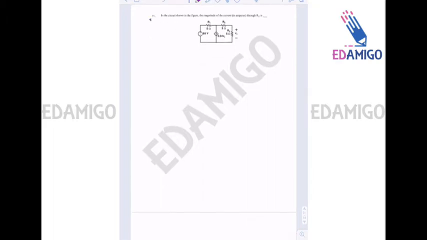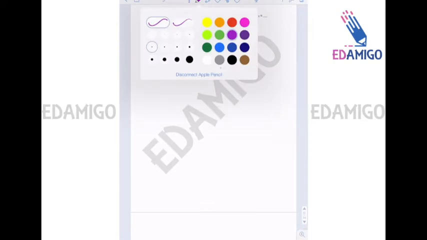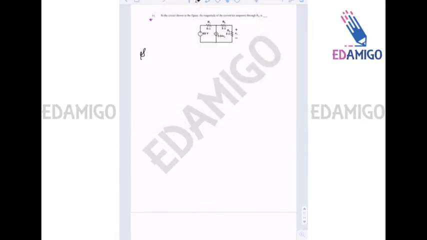This is question number 11. So we have to find the magnitude of current through R2, through this resistance. It's a very simple question, very basic question.